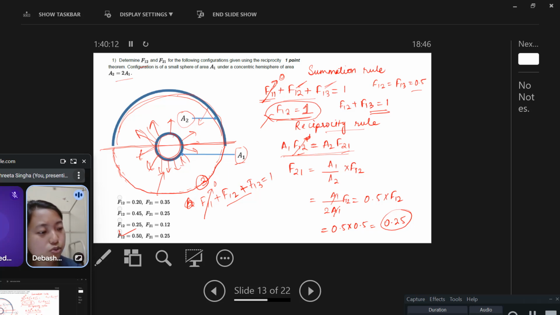Now due to symmetry, this F12 and F13 are the same, because obviously this is symmetric. We can understand this half of the part and this half of the part are the same. So both should be equal, and the addition of both is 1, so both should be equal to 0.5. Then from the reciprocity relation you can find out F21, that comes out to be 0.25.